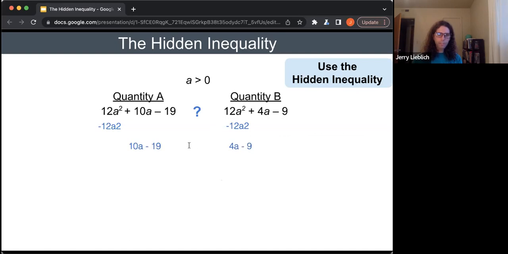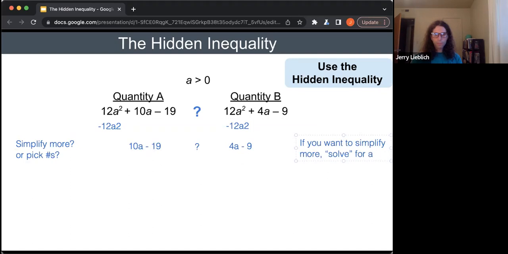And at this point, I have a choice. Do I want to simplify more or pick numbers? It's up to you. You might say, this is easy enough, let me start plugging in. Or if you want to simplify more, you can essentially solve for a variable. In other words, isolate it. So let's do that.